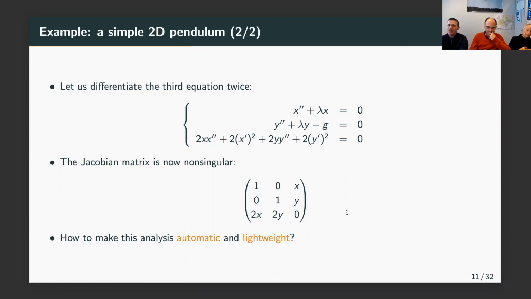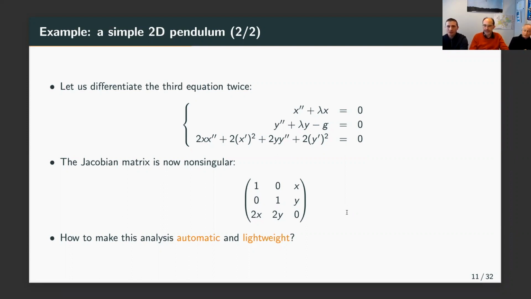And how can you make it lightweight? Because you do not wish to actually differentiate the exact equations. And so the solution that was proposed near the end of the 1980s was abstracting away the exact equations and working on a structural version of these equations.